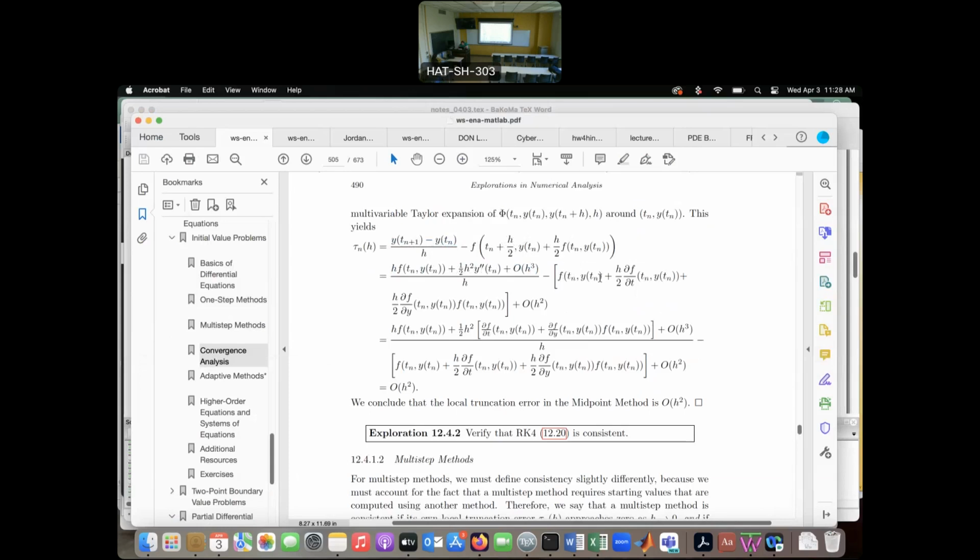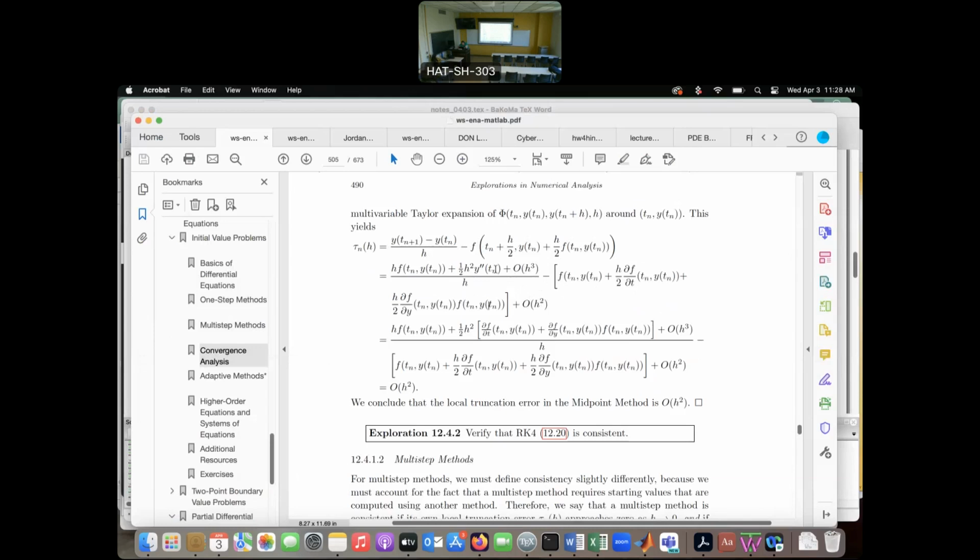So for the t portion, the increment in t is just h over 2 times df dt, plus the increment in y, which is h over 2 f, times df dy. In this case, for multivariable Taylor expansion, we only take it through the first derivative terms. It turns out we won't need anything beyond that. So everything that I've left out is order h squared.